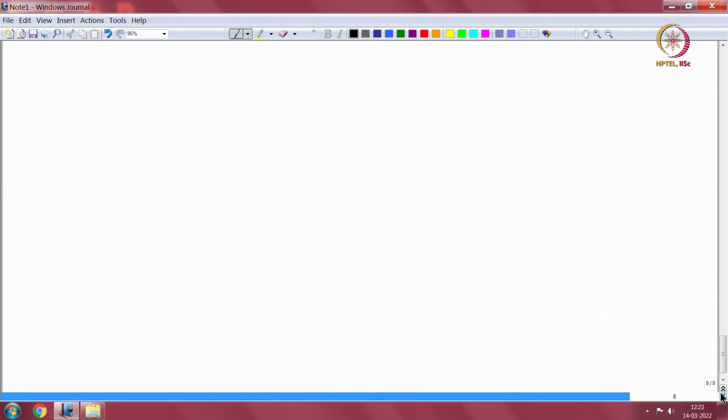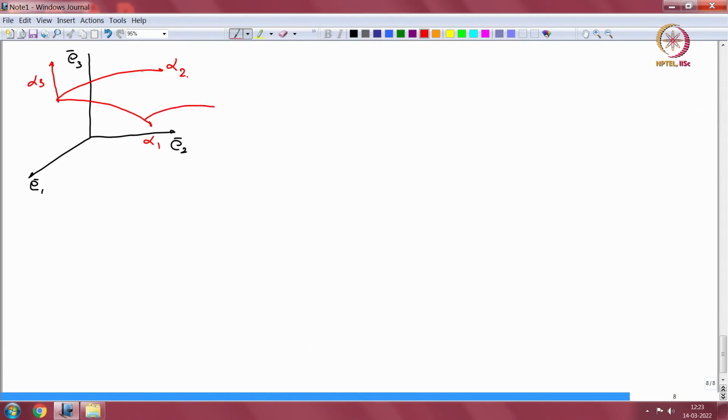So how do we define a point on the middle surface? I have a coordinate system, my orthogonal basis, which is, let's say, E1, E2, E3, and let's say there is a surface parameterized in terms of alpha 1, alpha 2, and we want to describe points on that.